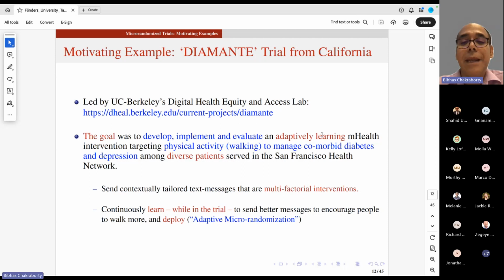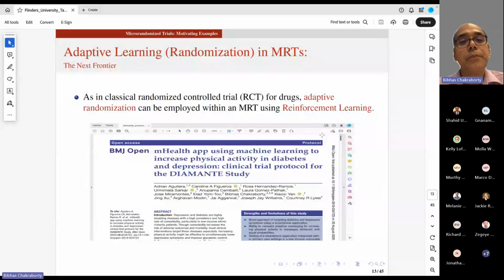That's the idea of adaptive randomization in a regular two-arm RCT kind of setting. But we will expand on that idea here to incorporate that adaptive element into the micro-randomization. So this is what would be done using the machinery of reinforcement learning, and I will come to that. But this is our protocol paper from this study, in case you want to take a look.